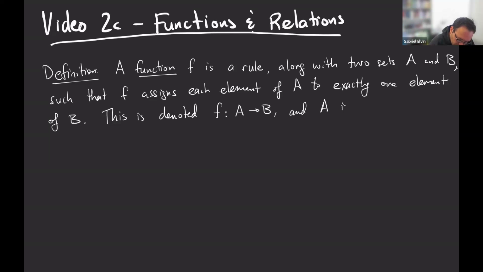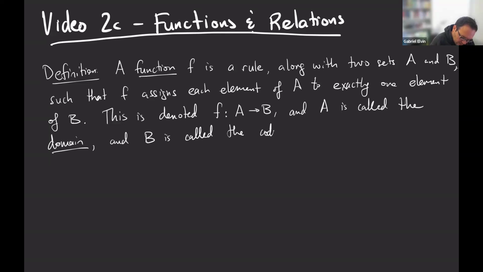And A is called the domain. B is called the codomain. Okay.